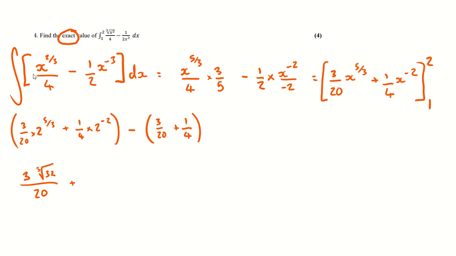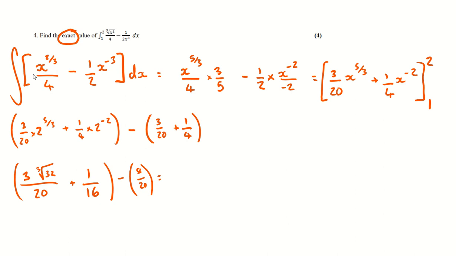A quarter times a quarter would be 1/16. There we go. So we've got that, and then we're going to subtract from that 3/20 plus 1/4, which is going to be 8/20. There's still a little bit of tidying up to go here.